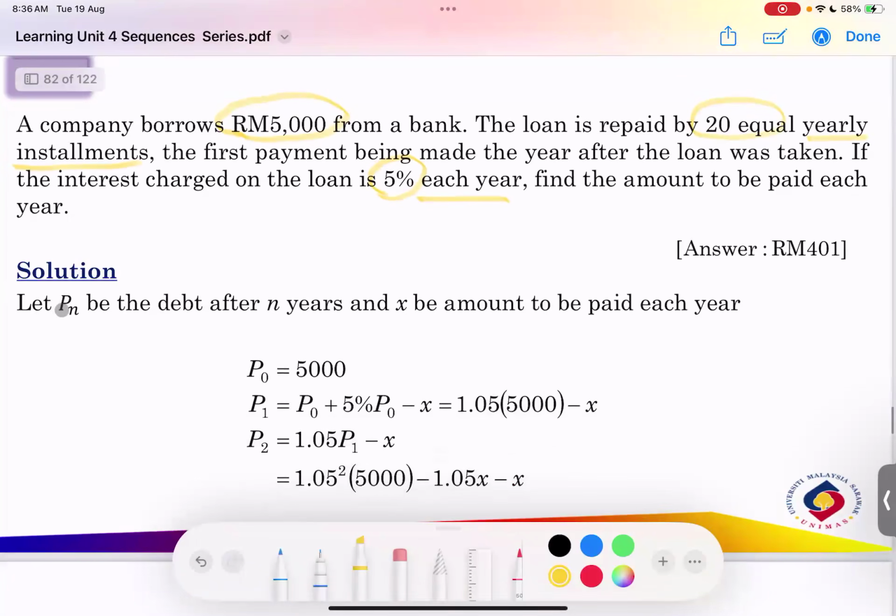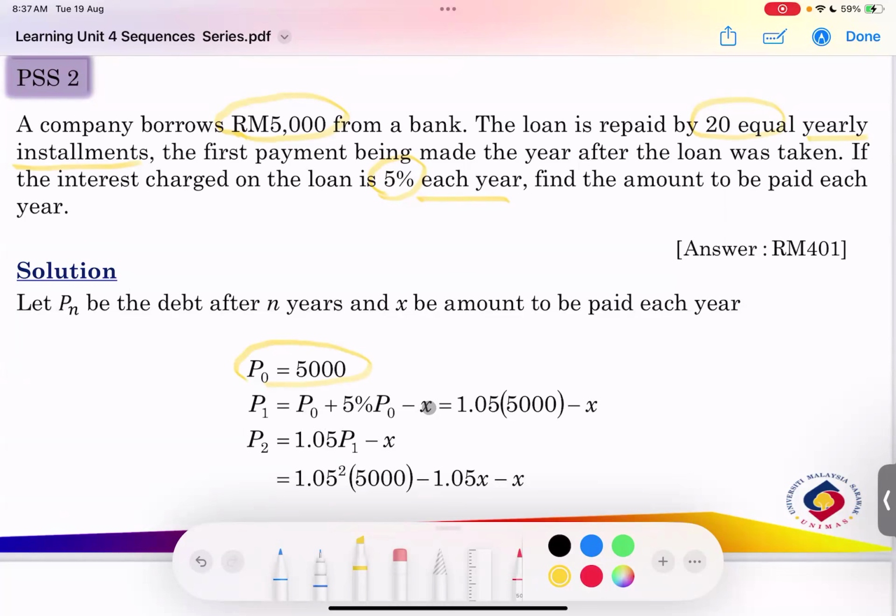Let Pn be the debt after n years and x amount be paid each year. Okay, so as for this one, you can see from the beginning we use P0 is 5,000. Then P1 is equal to 5,000 plus 5% multiplied with this original amount, minus x. x is the unknown.